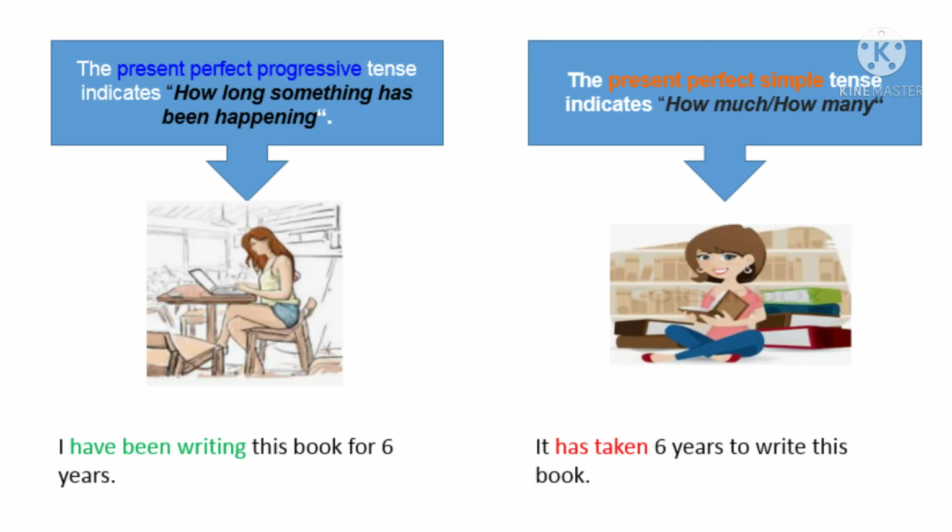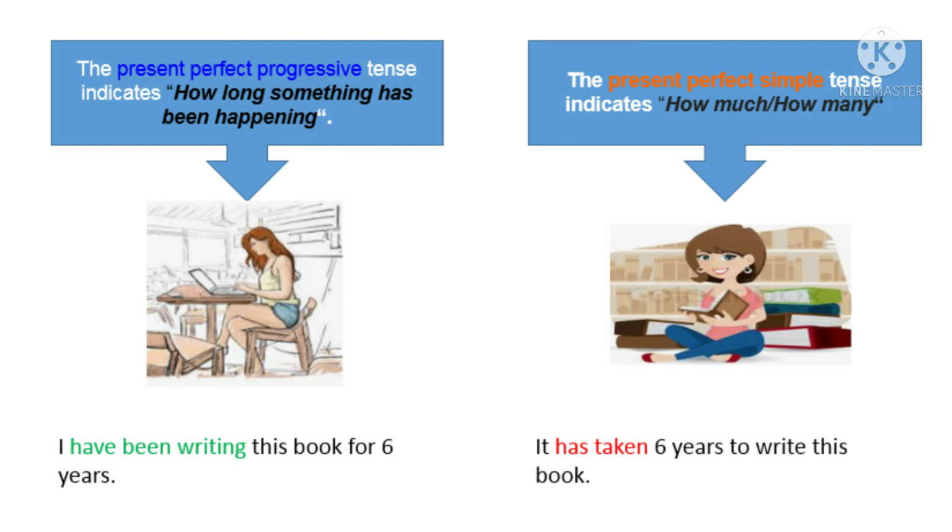And here it is. So the last one, the present perfect progressive tense indicates how long something has been happening. For example, I have been writing this book for 6 years. This answers the question, how long something has been happening.